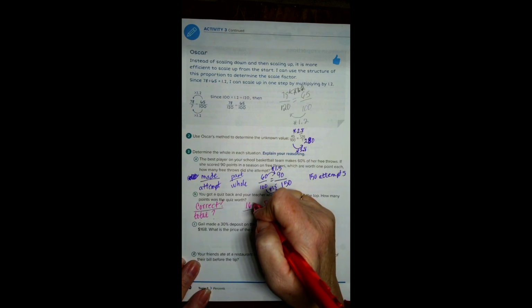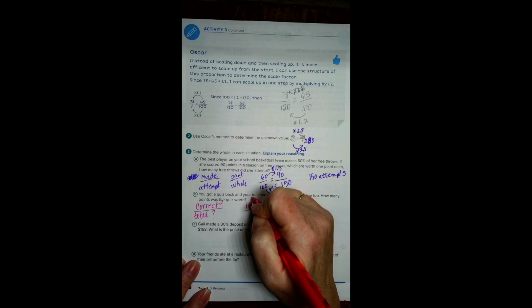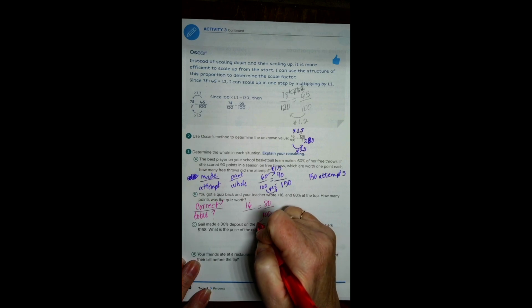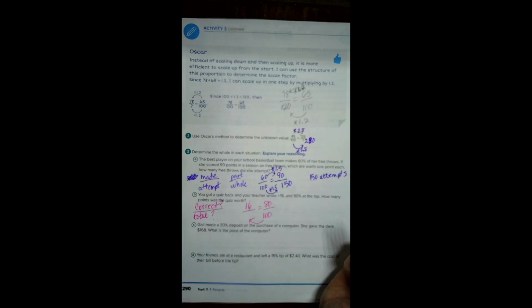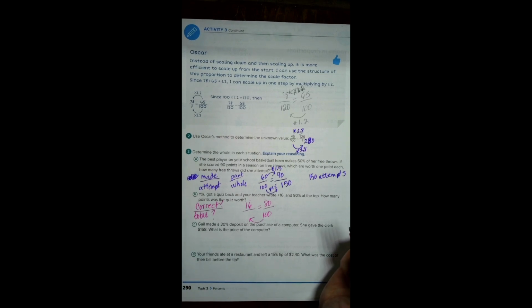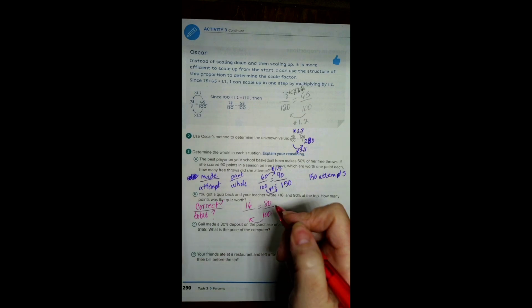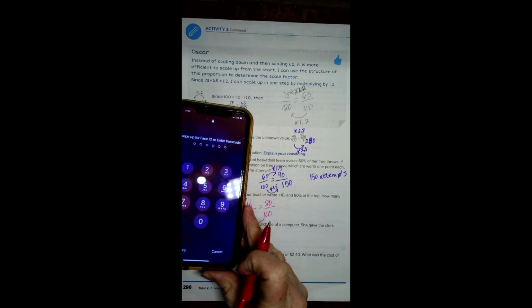Okay, so how do we go from 16 to 80, or 80 to 16 this time, because we need to go to here. So we're going to have to divide by something. So what are we dividing by? Well, so let's do 80 divided by 16.